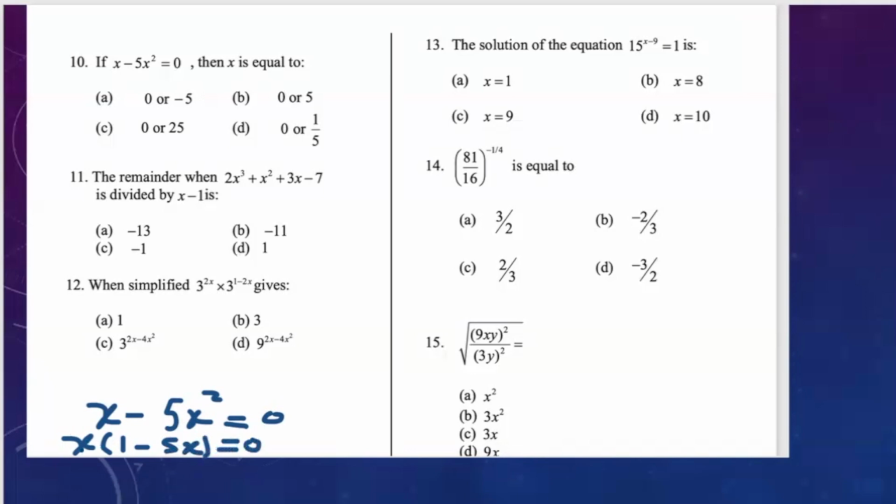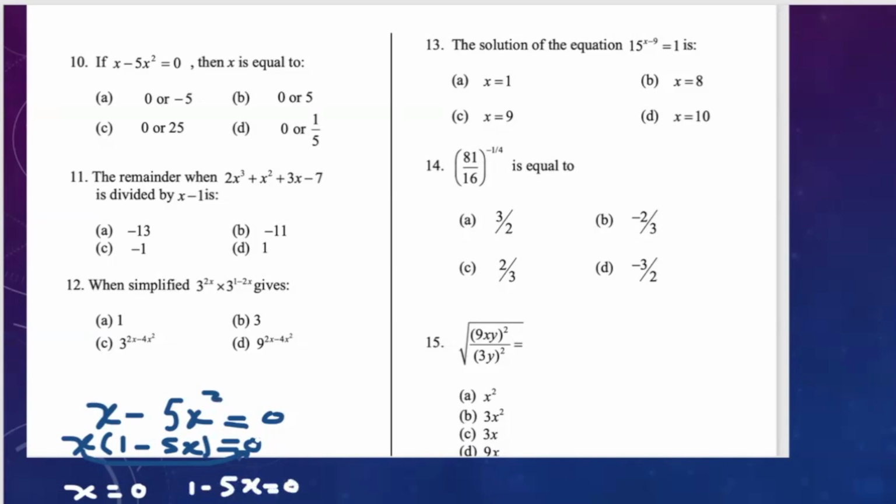So what this is saying is that we make x equal to 0, so I'll have x is equal to 0. And the next part is the 1 minus 5x, so I have 1 minus 5x equal 0.